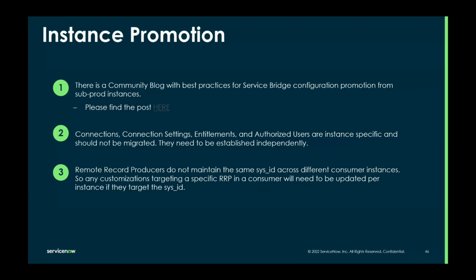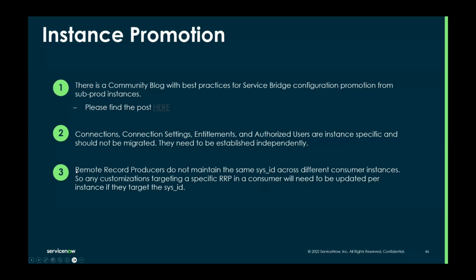You perform all of that configuration, move that over, and then you will want to reestablish a connection to presumably the dev instance on the consumer, and then also the test instance on the consumer, and then you will do the same thing to establish the connection to a production instance. So the content itself will be moved over, but the connections are unique because that is a direct instance-to-instance configuration, or specific instance configuration, we'll say.